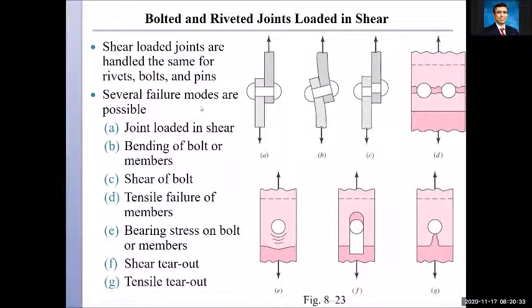The first one, when we bend the bolt or the member. Second, we shear the bolt itself, so the bolt itself may get sheared. The third one is a tensile failure of the members, so I've failed the members, either the top or the bottom.